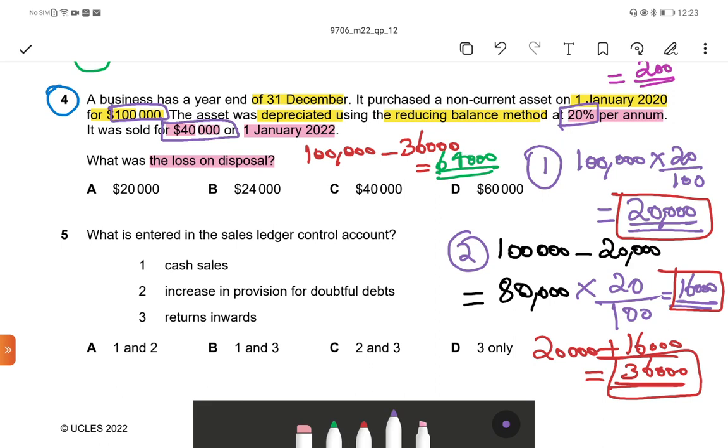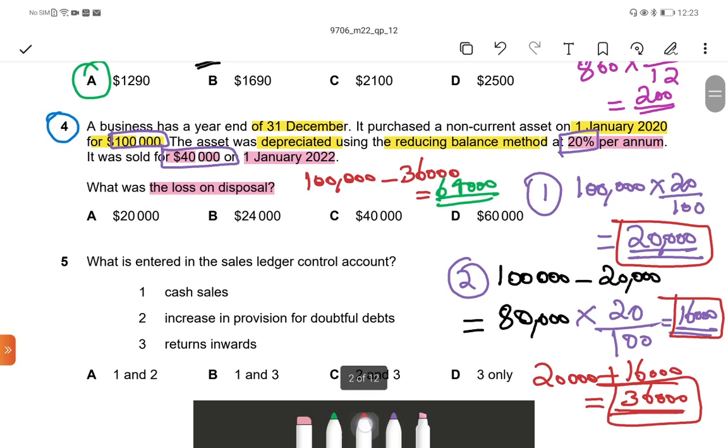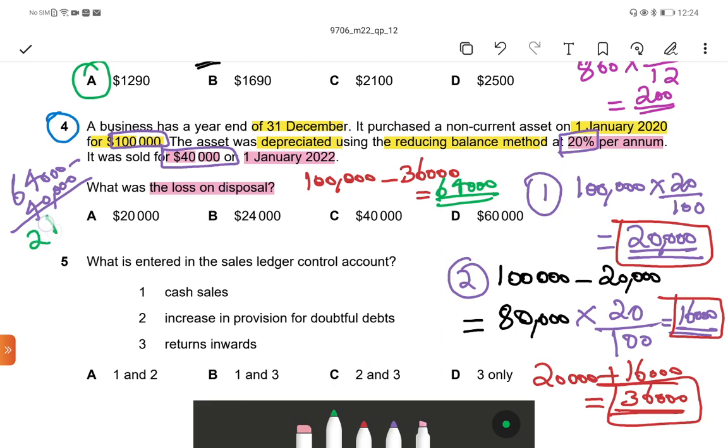It is less, so the loss is 64,000 minus 40,000 is equal to 24,000. So the correct answer is 24,000. Answer is option B.